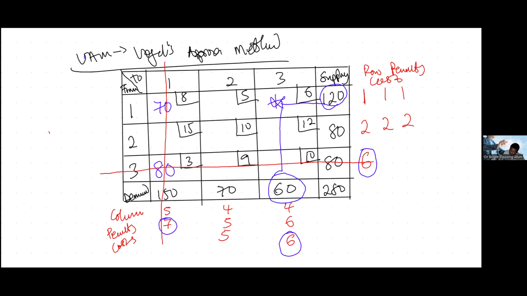If I'm to allocate 60 here, then it will be 60 plus 70, that will be 130, and 130 will be greater than the 120. It will not satisfy, right? So then we have to allocate the difference that will satisfy the row 120, and also satisfy the column 60 demand, which is the column 3.